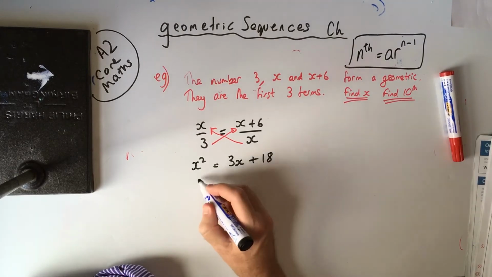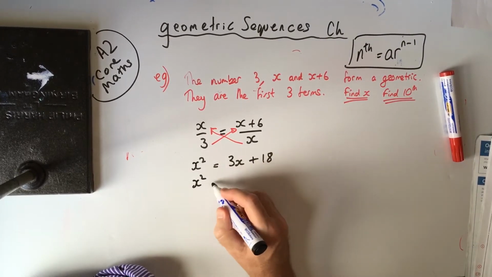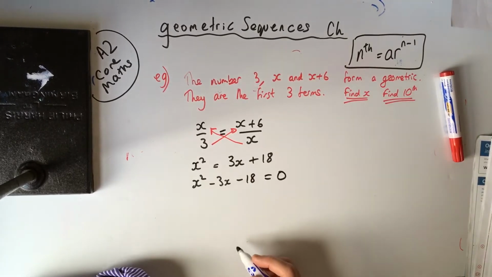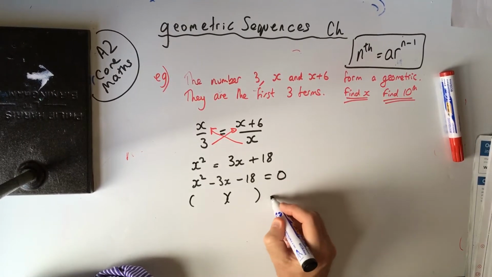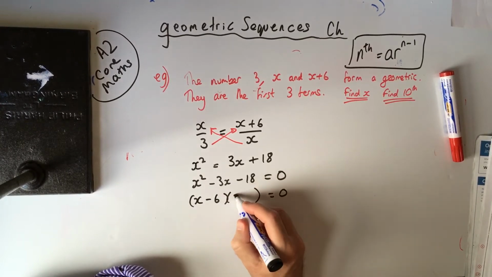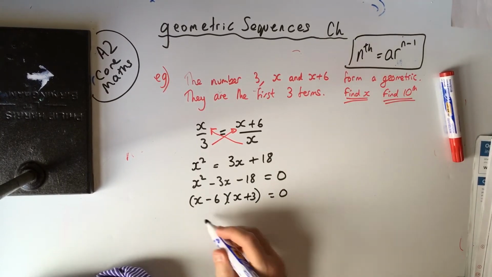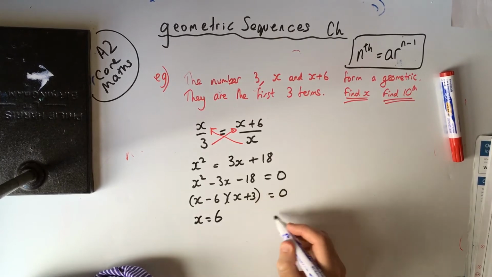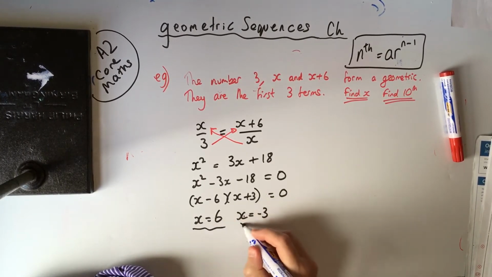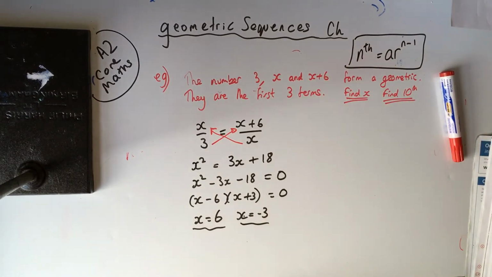Then take everything over to one side because we can see that it's a quadratic, and then of course factorize it. So that's going to be x minus 6, x plus 3, and then solve it: x is 6 and x is equal to minus 3. Okay, so those are your 2 possible values of x.